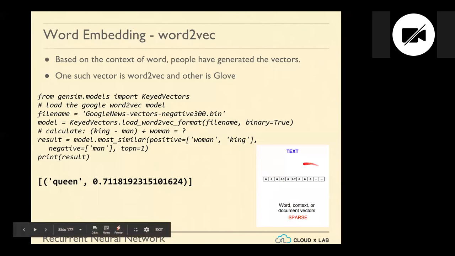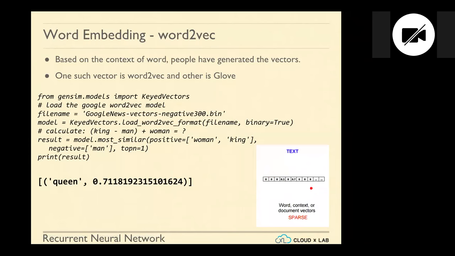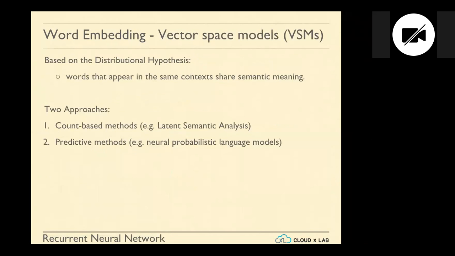Converting each word into this kind of numerical representation of a word is what it means by embedding. All right. Now, how did we calculate these embeddings?